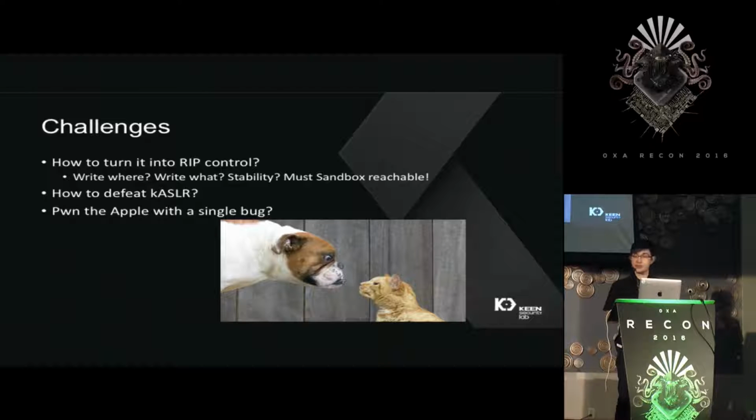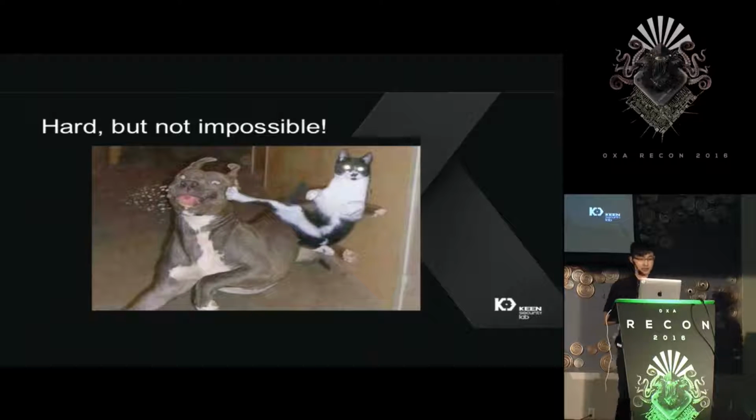How can we defeat modern mitigations like KASLR, SMAP and SMEP? And can we pwn the kernel using just this single non-perfect OOB bug? The answer is yes. It's hard, but it's not impossible.